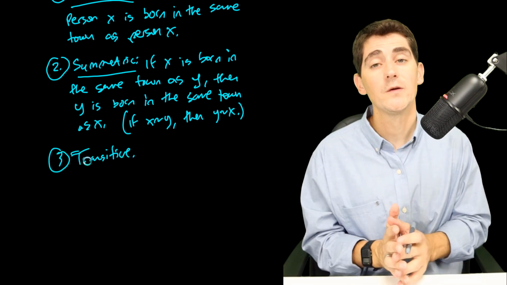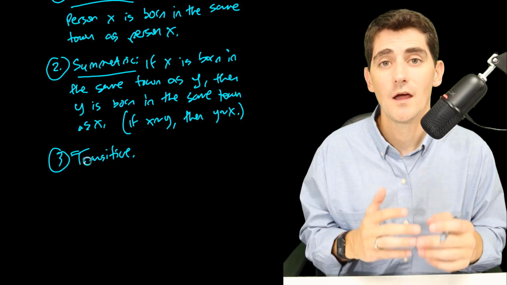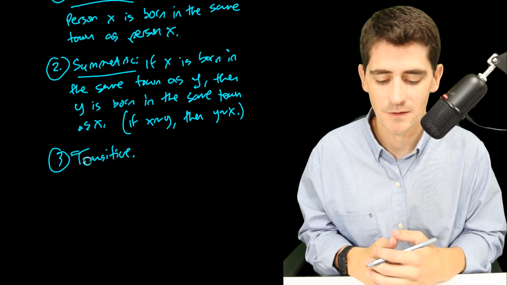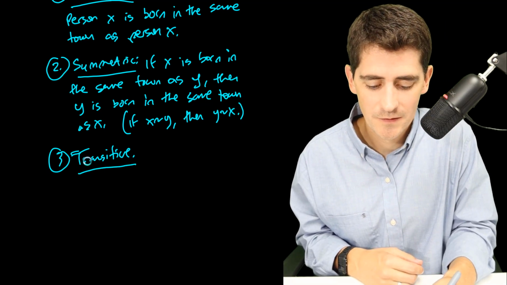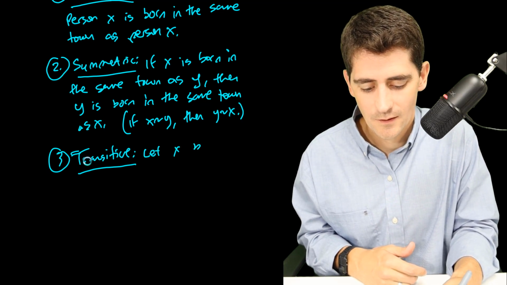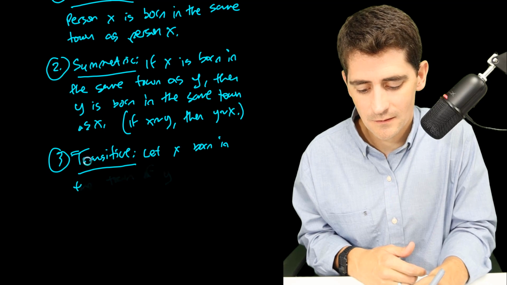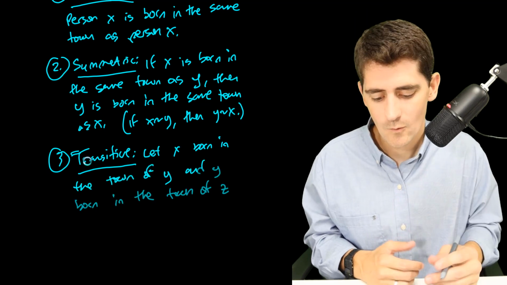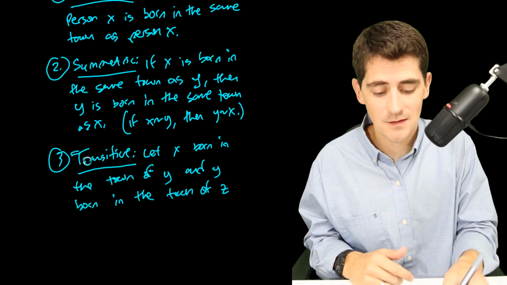We need to suppose that X squiggles Y and Y squiggles Z, a third person. In other words, let X be born in the town of person Y, and Y be born in the town of person Z.